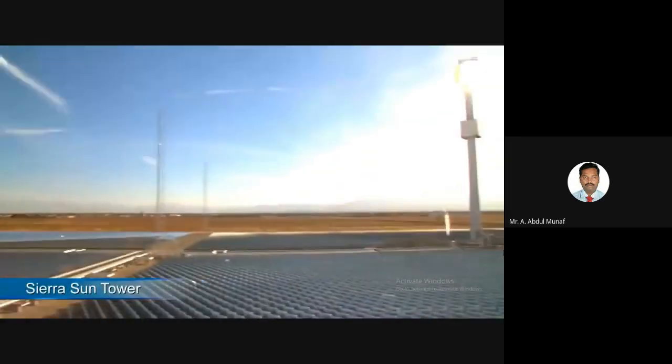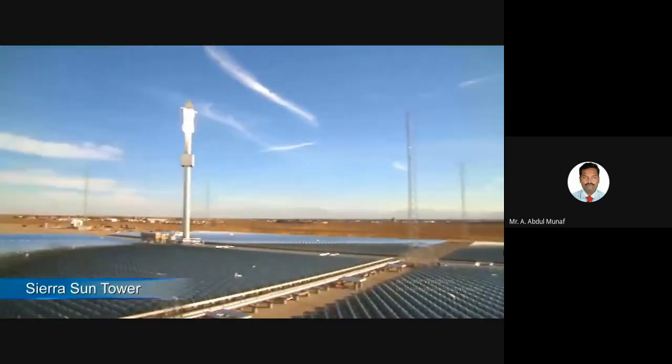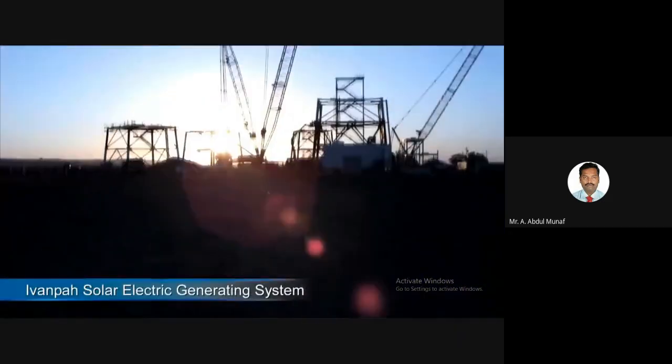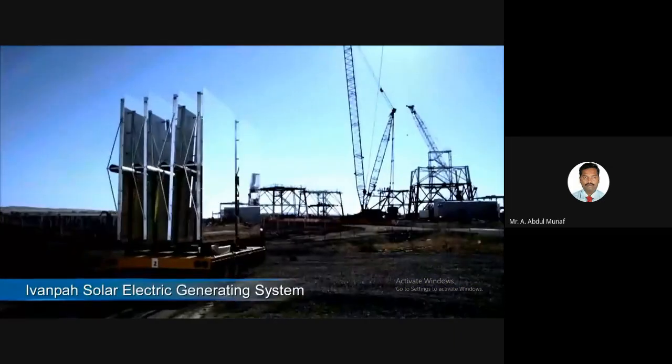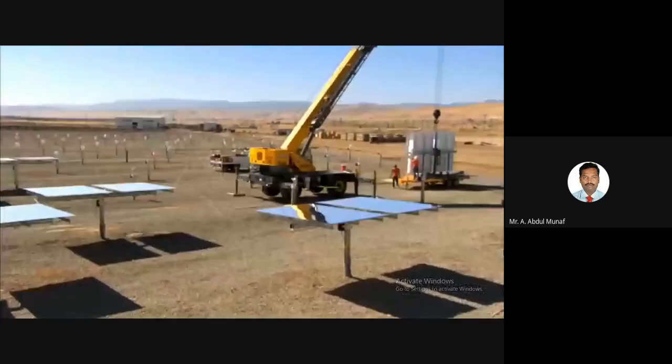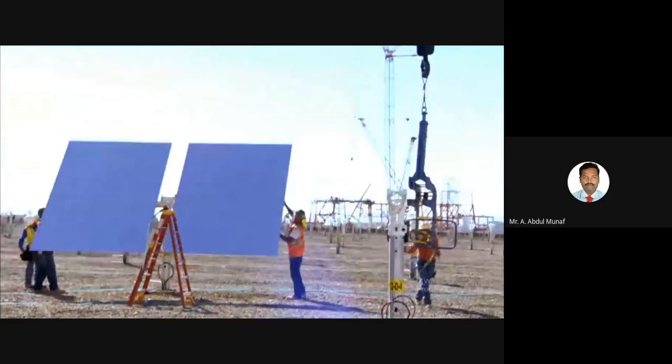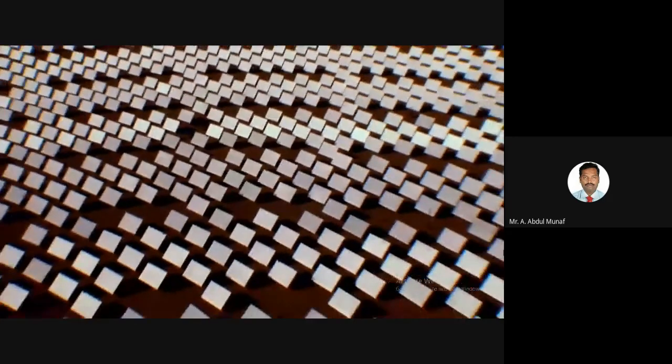In 2009, a modular two-tower system with 24,000 mirrors in the Mojave Desert powers more than 5,000 homes. And in 2010, construction began on a 370-megawatt three-tower system with nearly 175,000 mirrors. This California plant created more than 1,000 jobs and powers more than 350,000 homes.